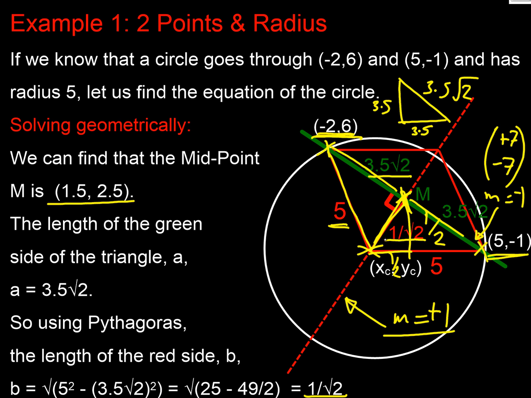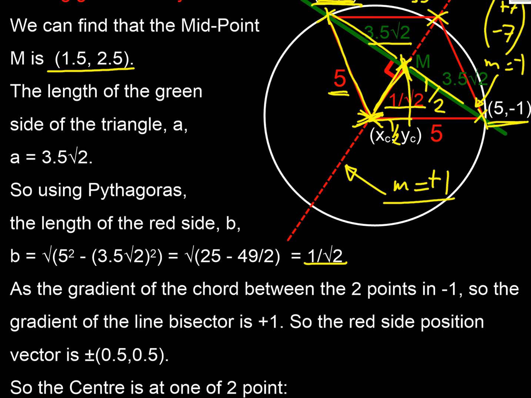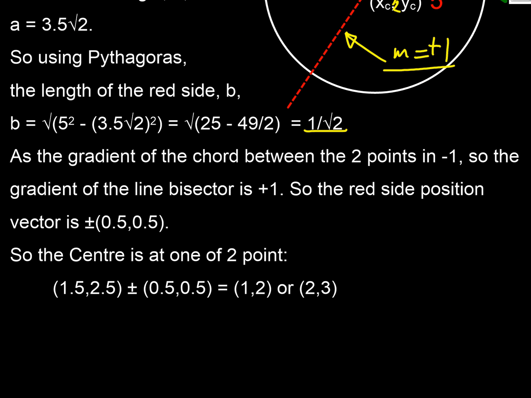So the other point to bear in mind is that I've drawn the centre as being below the chord line, but of course there's a second place it can be up the top here, the same distance above the chord line, and then we have the circle set above the chord line rather than below. Okay, so that means we can find the centre: we've got our midpoint of 1.5, 2.5, and then we're either going to go up or down the line bisector, as we calculated earlier.